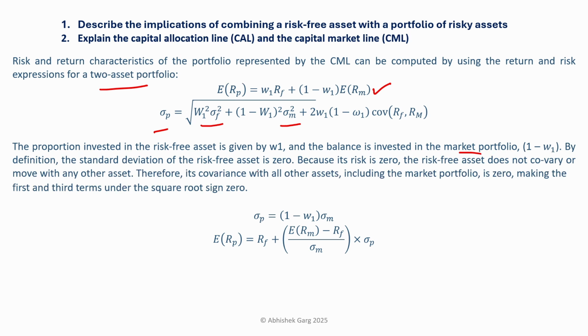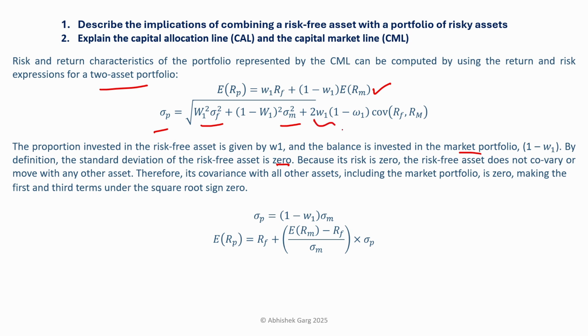Now we know that the standard deviation of the risk-free asset is 0 because its risk is 0. And also the risk-free asset does not co-vary or move along with any other assets. So the covariance of the risk-free asset with all other assets is also 0.